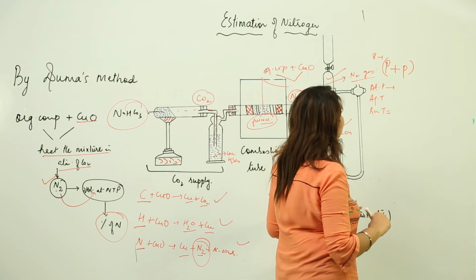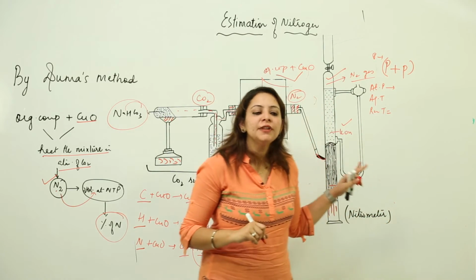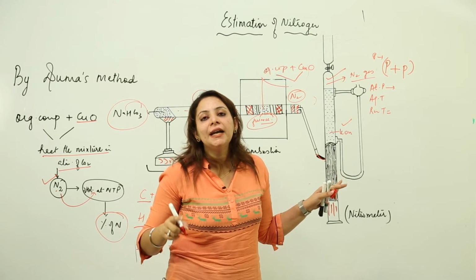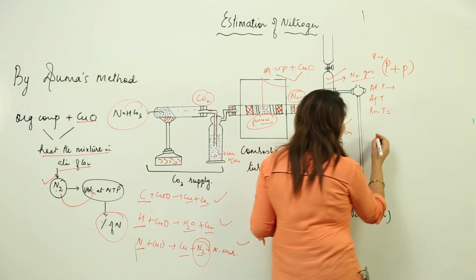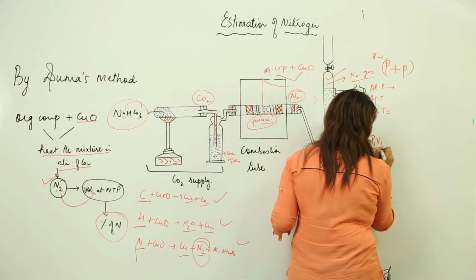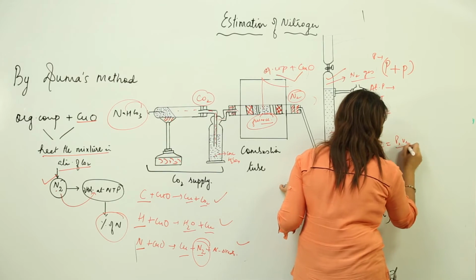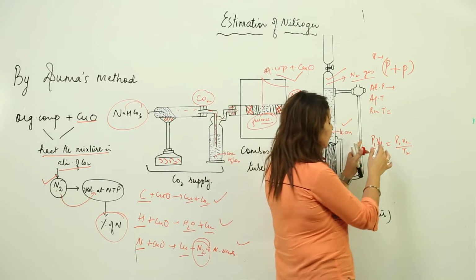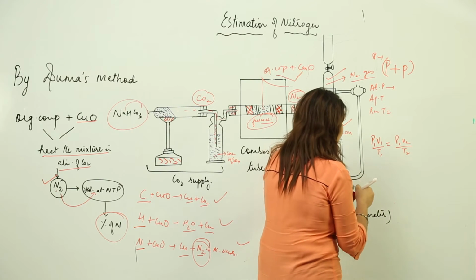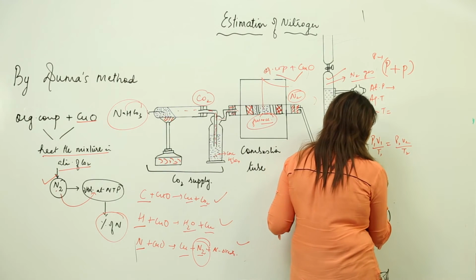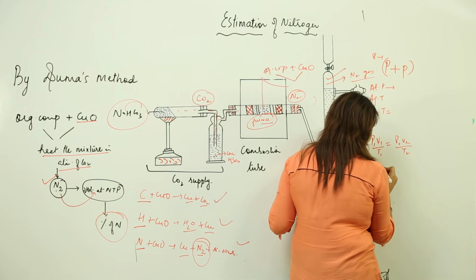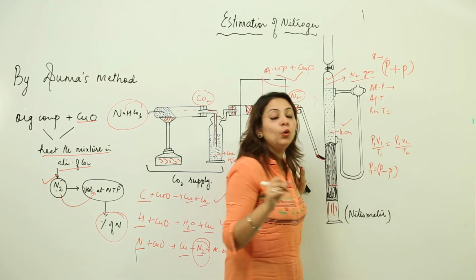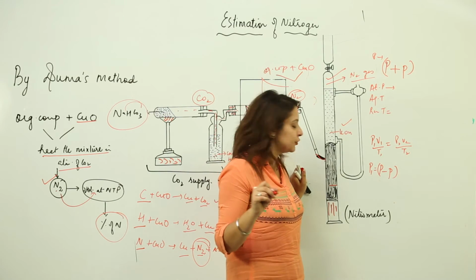Now we are going to convert this volume of nitrogen obtained into the volume of nitrogen at NTP by the ideal gas equation. That is P1 V1 upon T1 is equal to P2 V2 upon T2. Right, so we need the relevant values. Here our P1 is the pressure of nitrogen gas minus aqueous tension, because we need only the pressure due to the nitrogen.